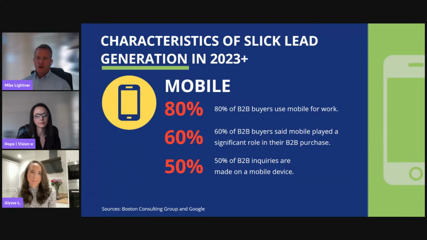All right. So these numbers are, I think, a year and a half old, and based on trends, they're probably higher than they are now. But look at this, 80% of B2B buyers use mobile at work. 60% of B2B buyers used mobile to make a buying decision.